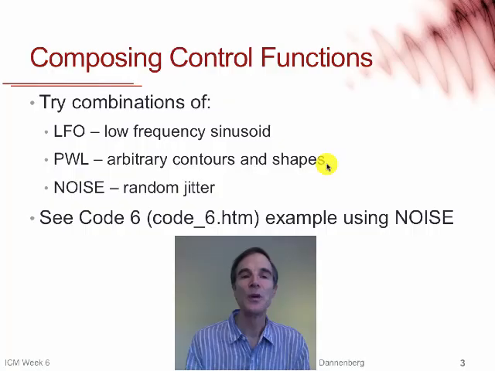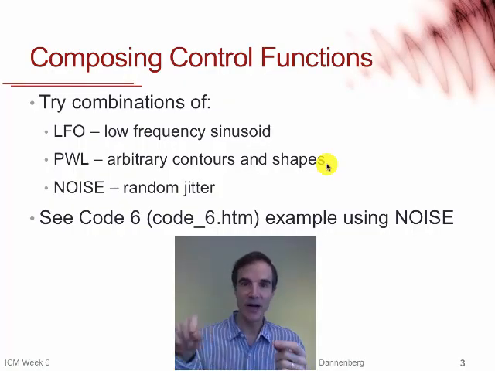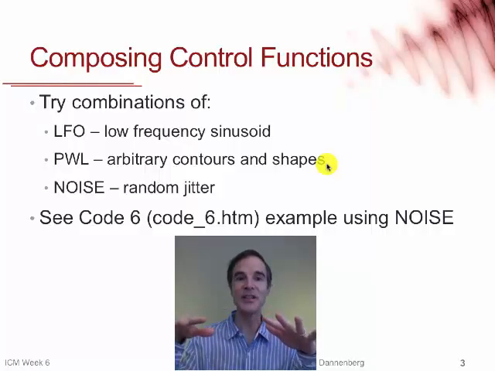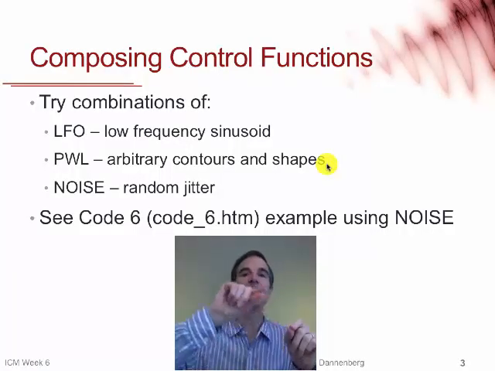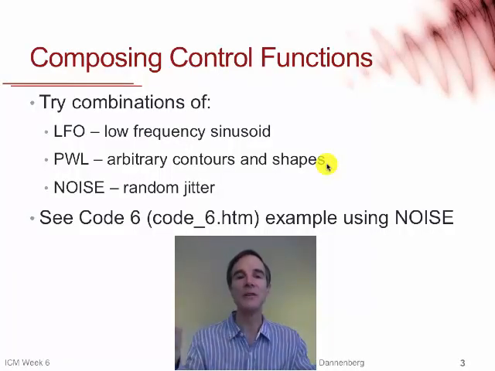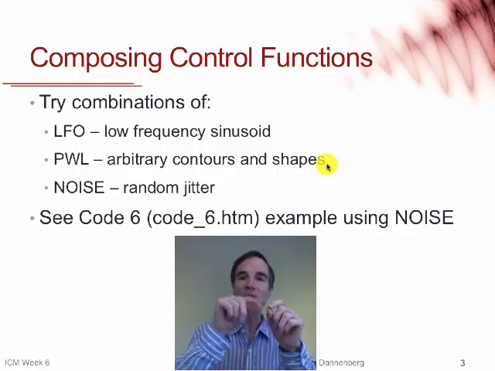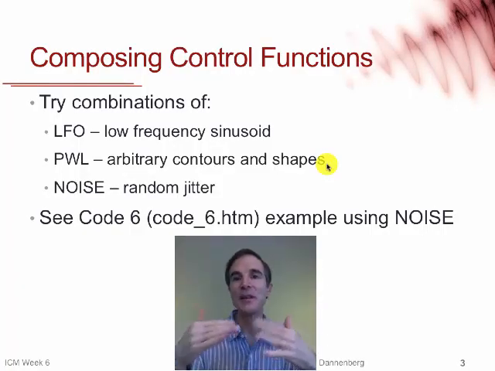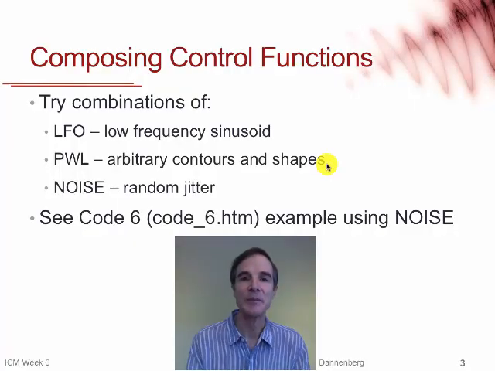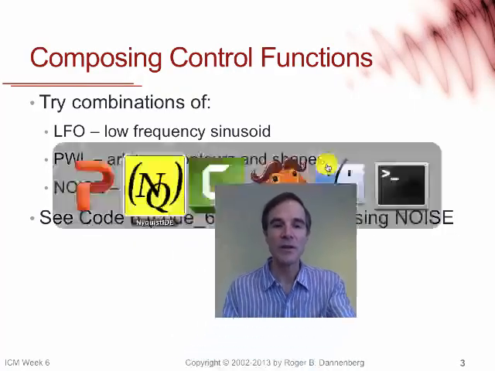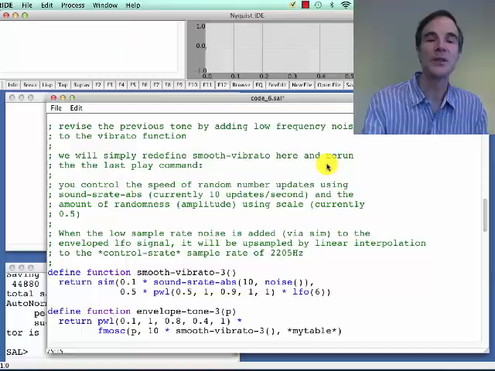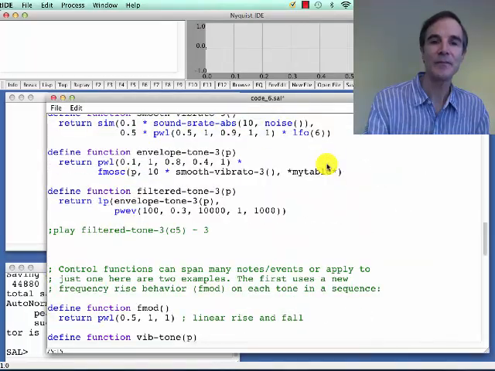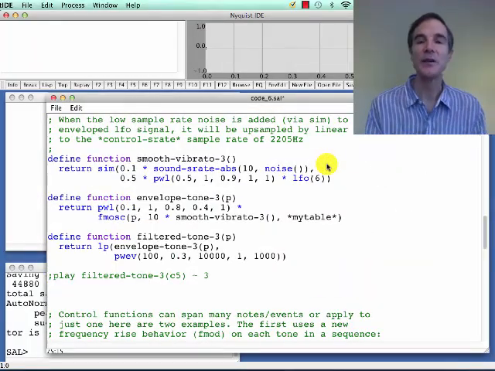And so it's very useful to make combinations of LFO for periodic variation with PWL, which is kind of controlled long-term variation, and noise, which adds randomness and jitter to something that otherwise would sound very mechanical. So we're going to go back to Nyquist and look at an example that's using noise.